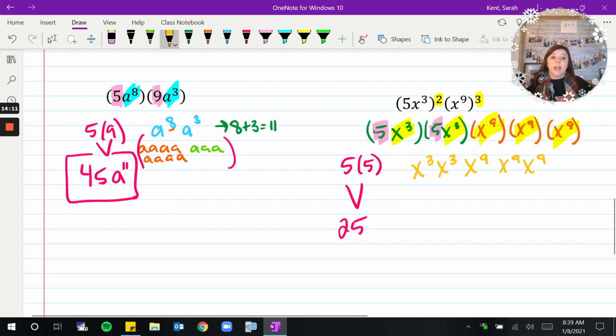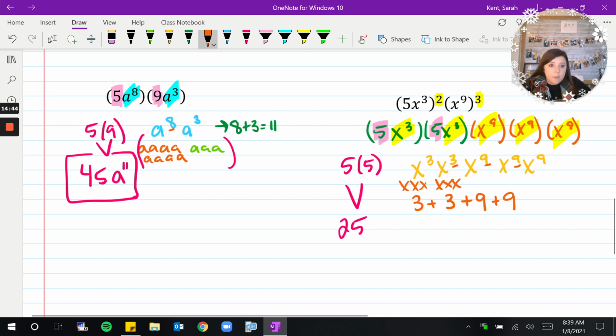So now this is where you can write out all of these x's. I can write out x, x, x, x, x, x. Let me do these in a different color. If you want to write out all of those, you can. Or I can go, okay, x to the power of 3 gives me 3 x's. Plus, I would have 3 more x's. Plus 9 x's.